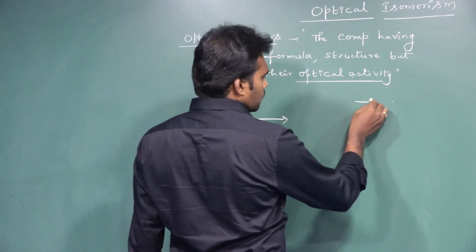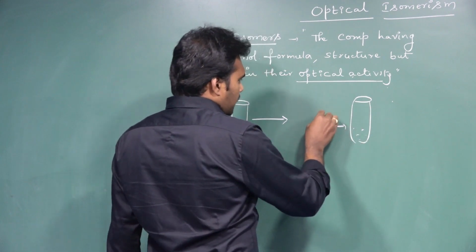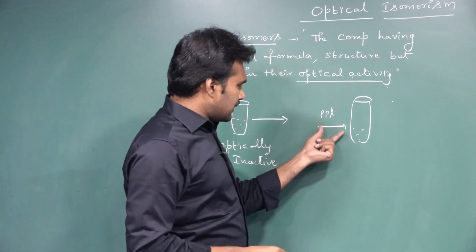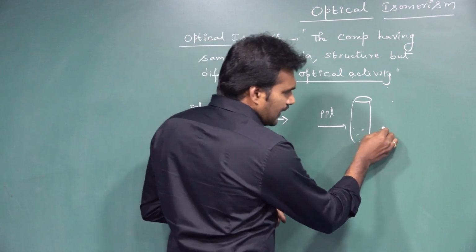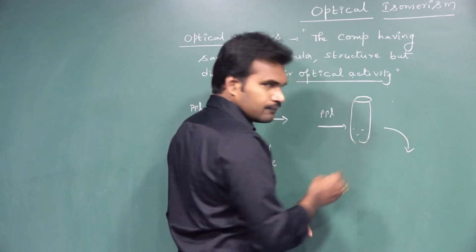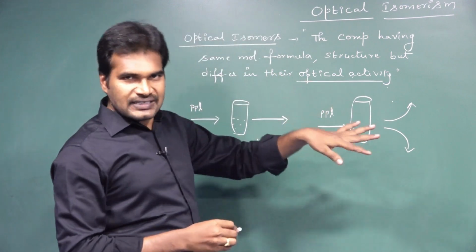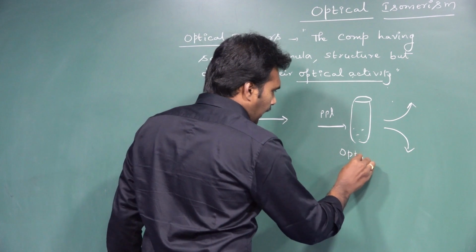Suppose you irradiate the PPL light into the sample solution, and that light bends either to the right hand side or to the left hand side with a certain angle, then that compound is what? Optically active.